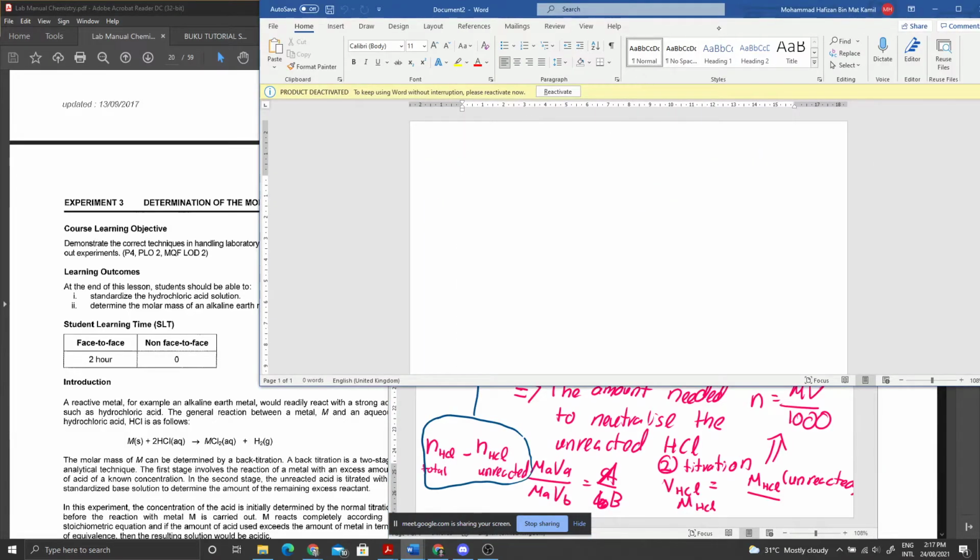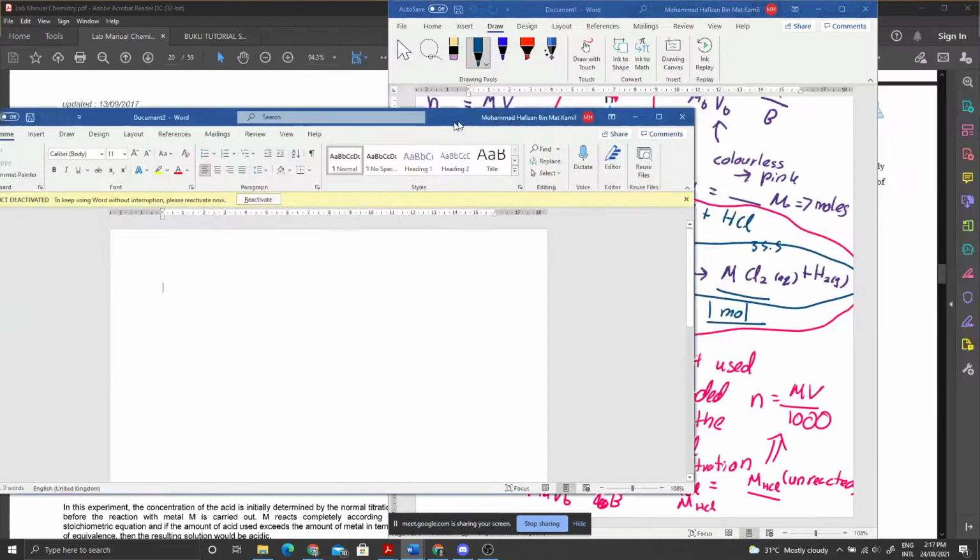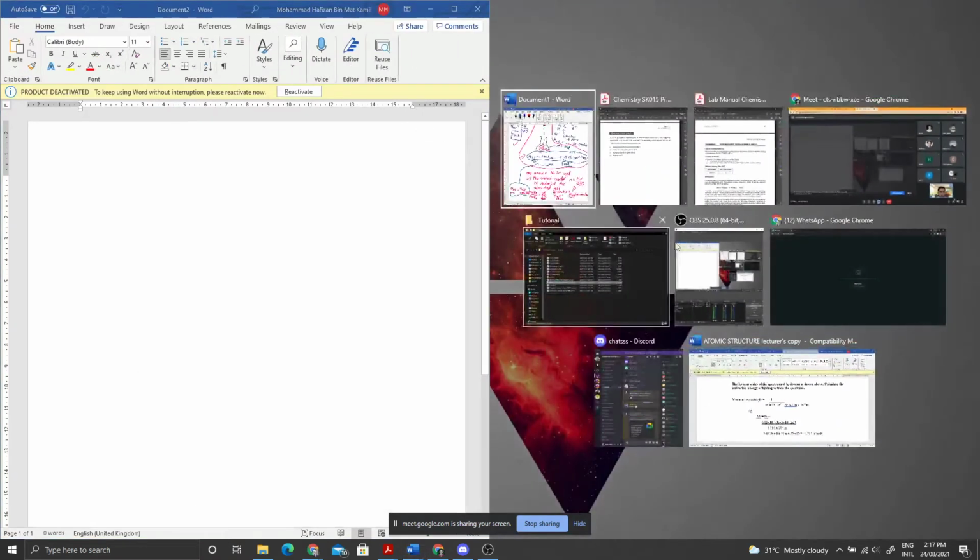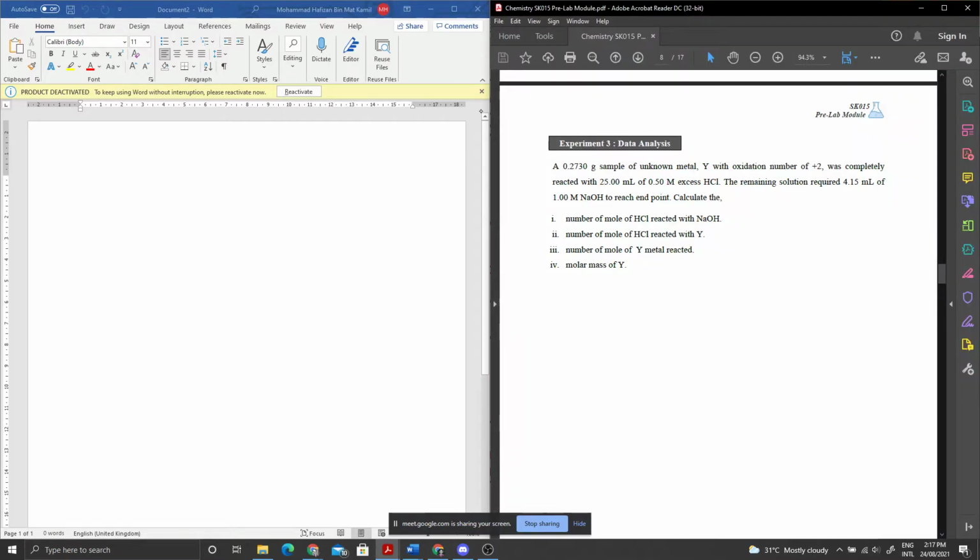Okay, so now apa yang kita buat is, this question dia cakap Y, dia ada oxidation number of plus 2.